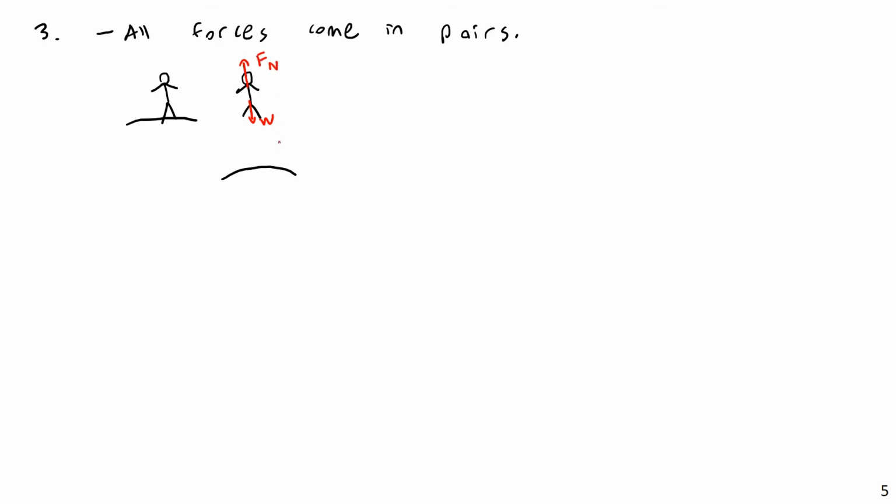But every force must have an equal and opposite partner. So because the normal force is pushing up on the person, that same normal force must be pushing down on the Earth.